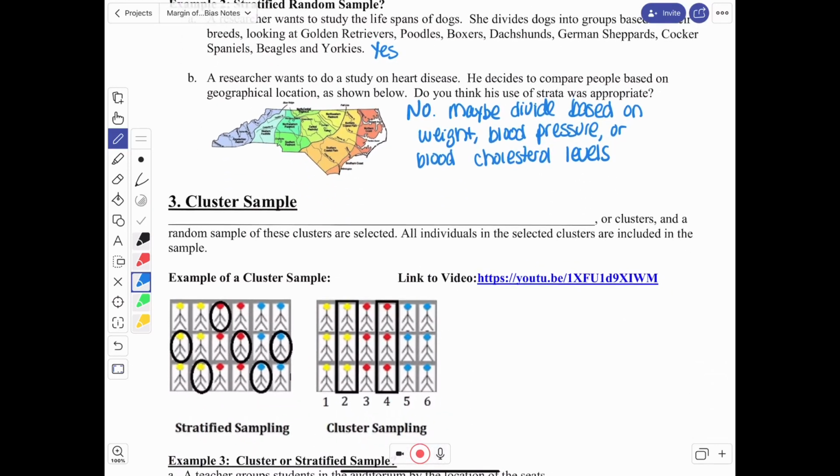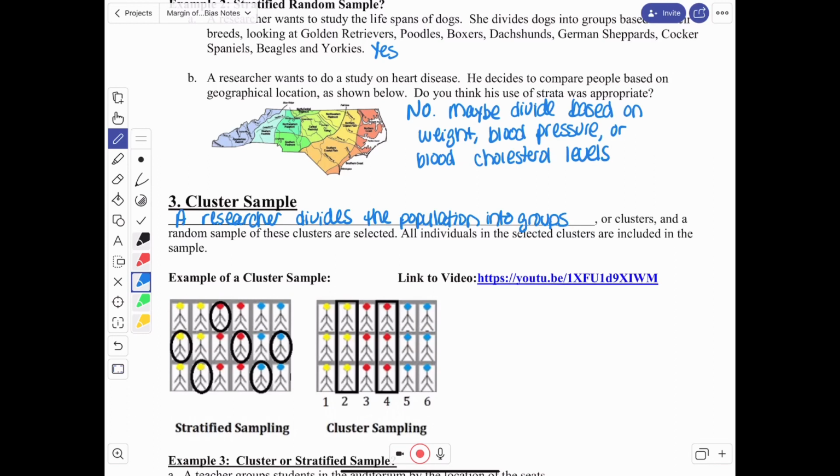So, cluster samples, and a lot of people get clusters and strata mixed up. So, a researcher divides the population into groups or clusters, and a random sample of these clusters are selected.